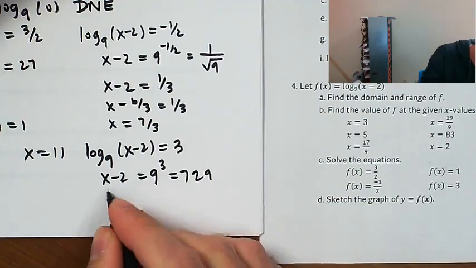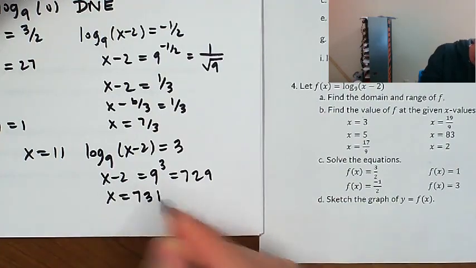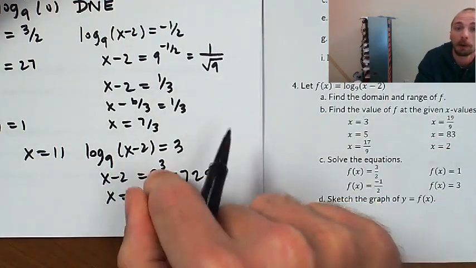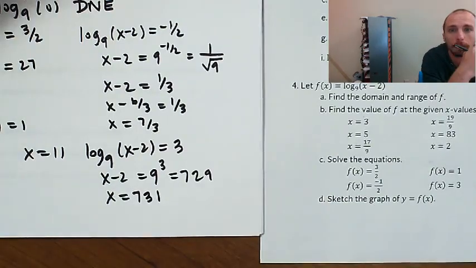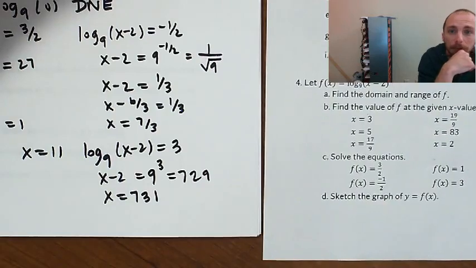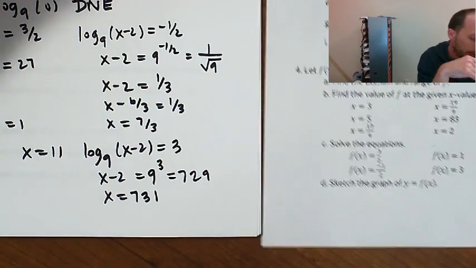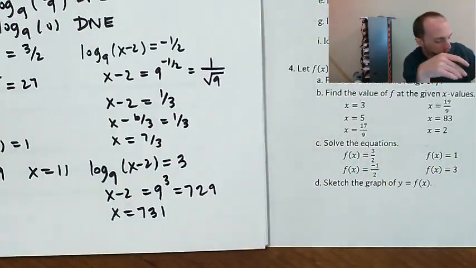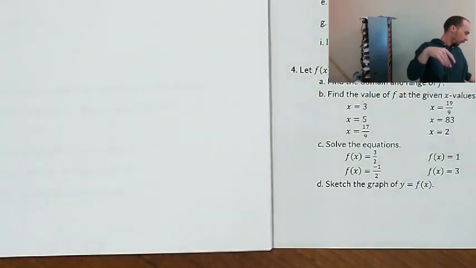If I add 2 to both sides, that would be x equals 731. Now, 9 to the third, that's definitely a number you could look up on my table of values, the calculating poster. Okay, so that was number 4.